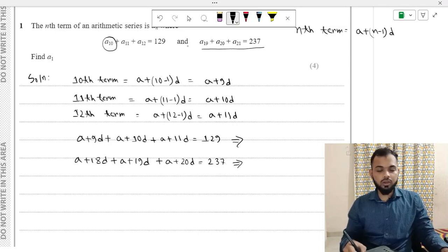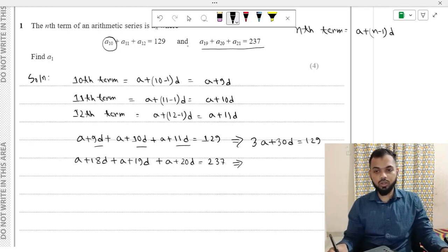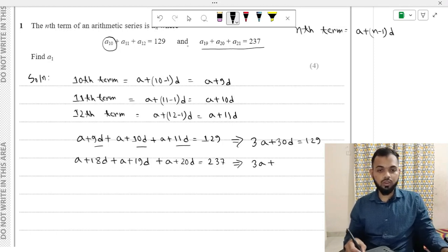Here we can solve it as 3a, and if we add 11d, 10d and 9d, we will simply get 30d is equals to 129. And from here, it is also 3a, and we can write 18 plus 19 plus 20, which gives 57d, as 237.